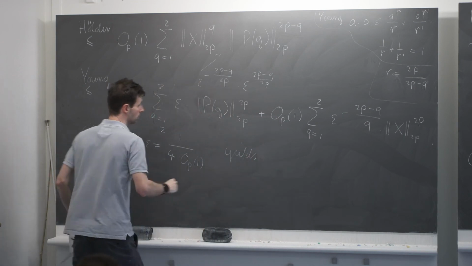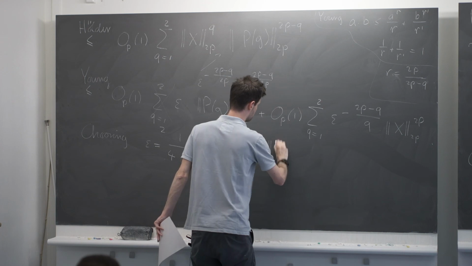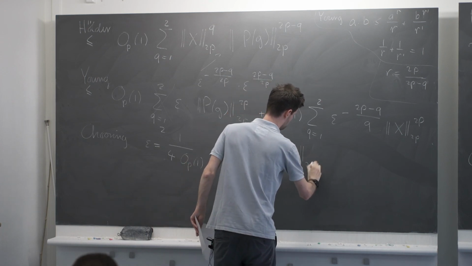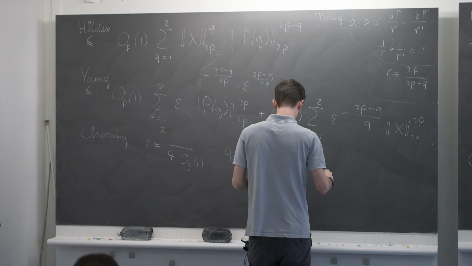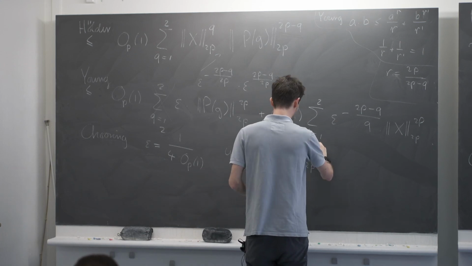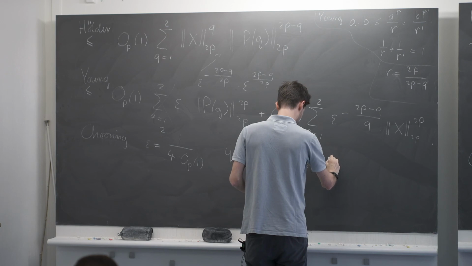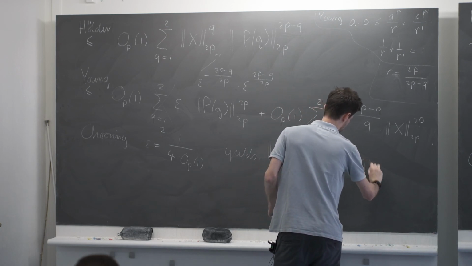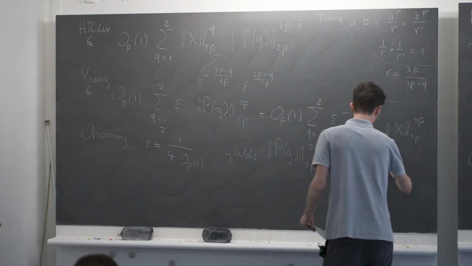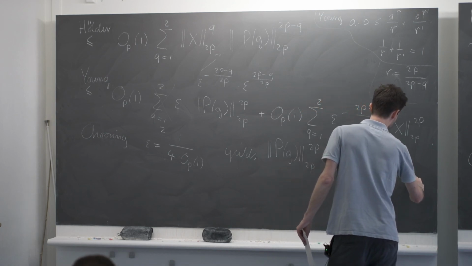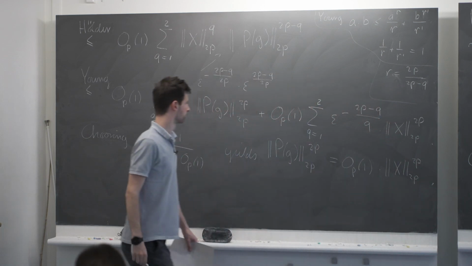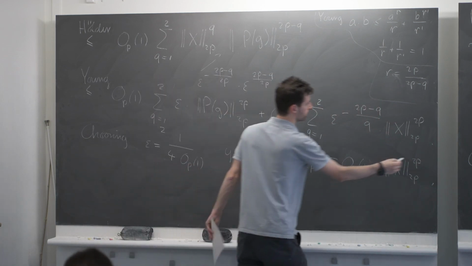That yields, finally, the 2p norm, and I can keep the exponents. So that's the conclusion.